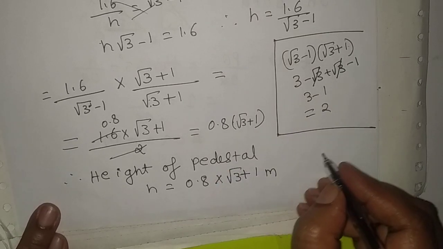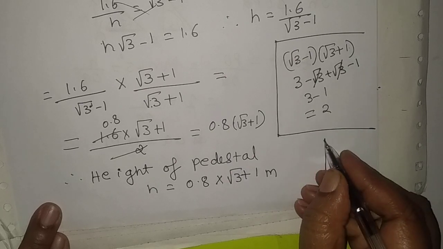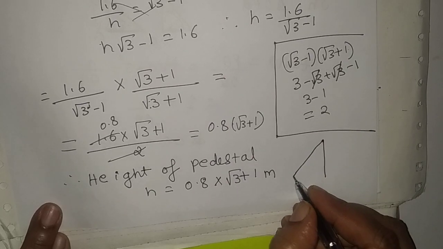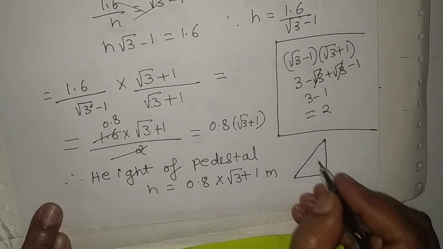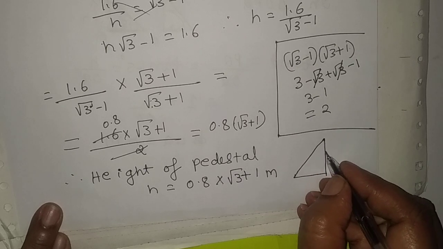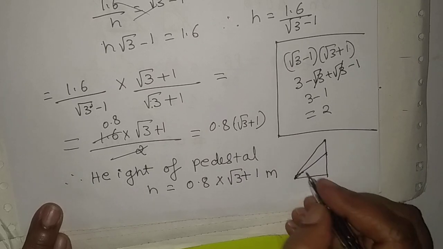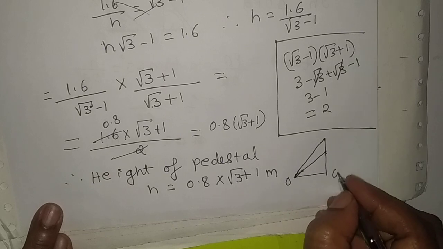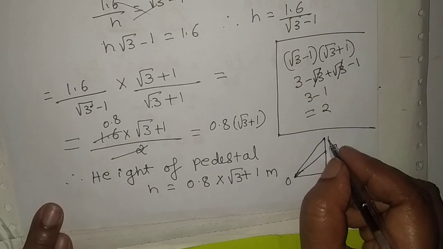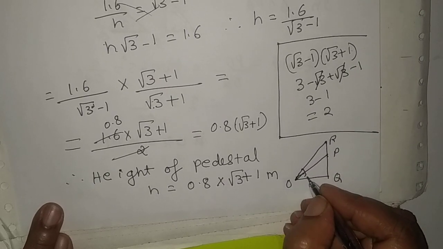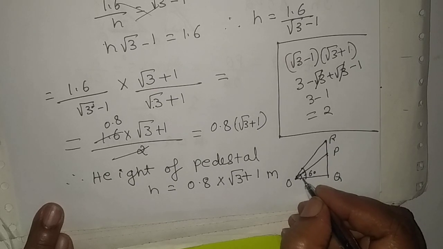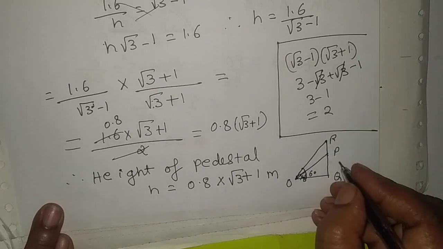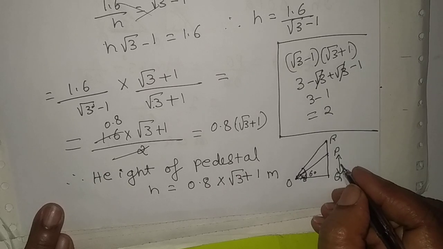This is the final diagram, like this is O, Q, P and R. This is 60 degrees, this is 45 degrees, and this was the height we have to calculate.